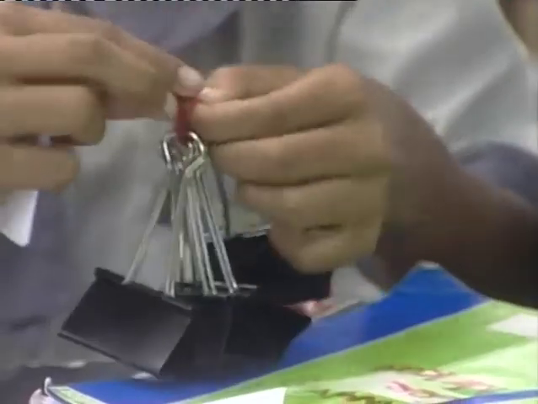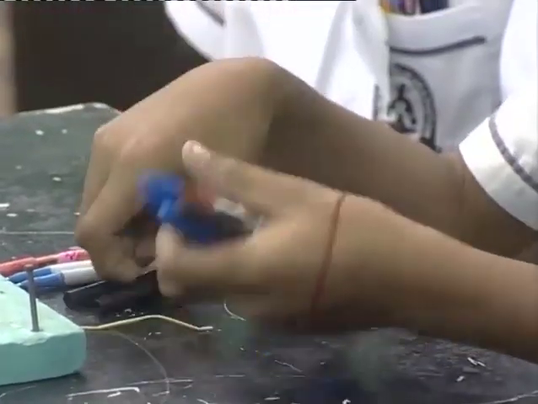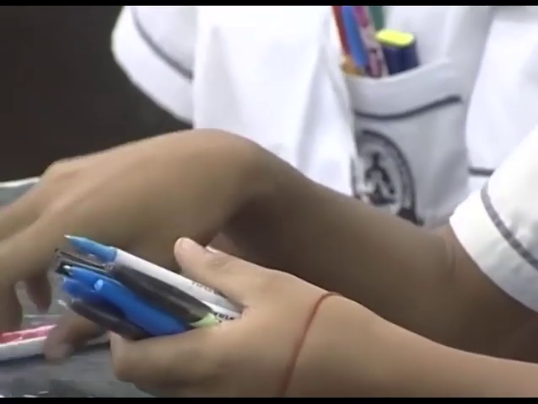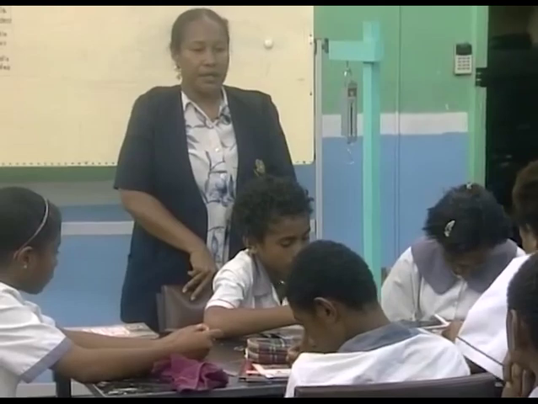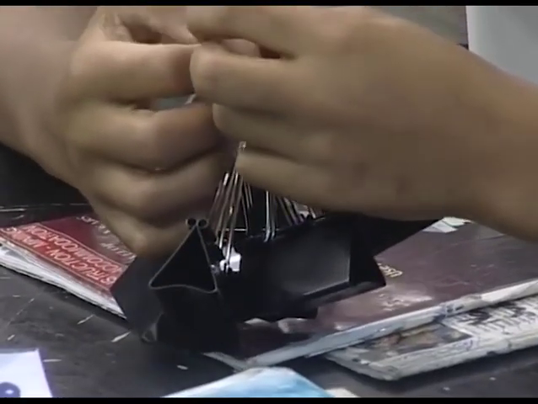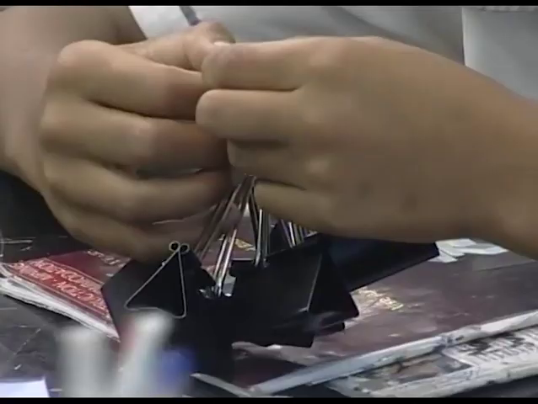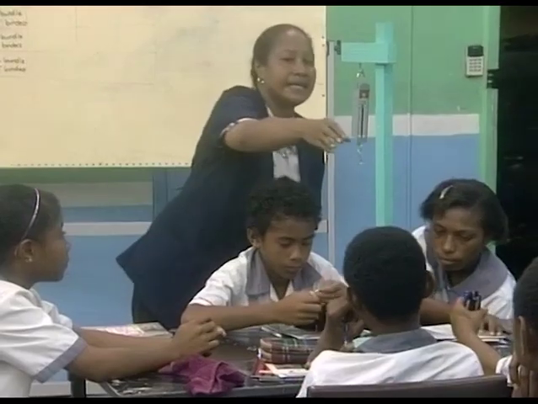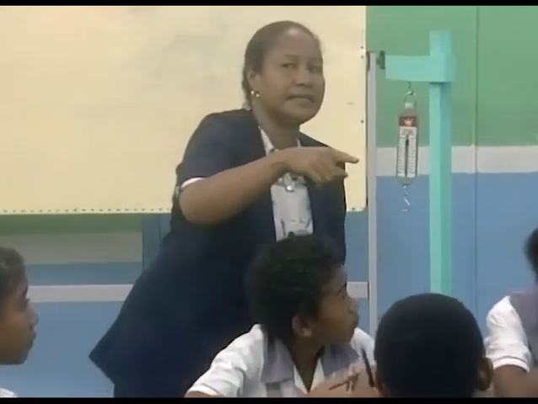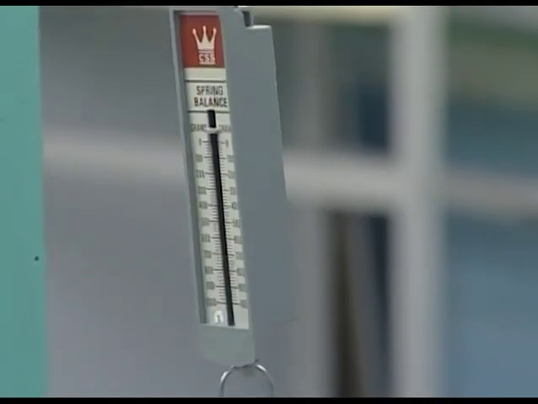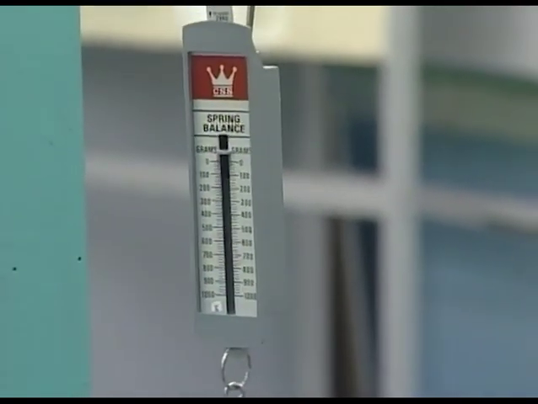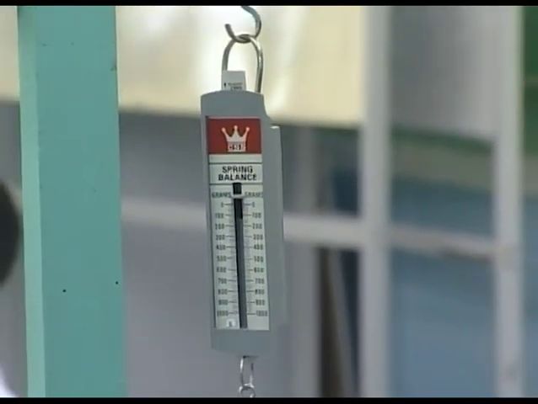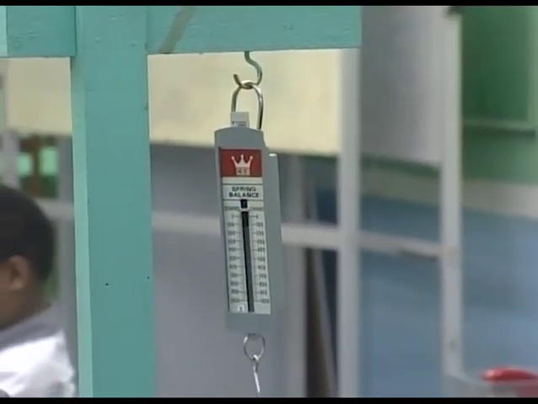Receiving students, you will follow with the model class. Bundle of pencils or biros. In here we'll be using bundle of biros, and you are going to weigh those things using a spring balance, right? So what you can see here, this is a spring balance. This spring balance will be used to take the reading, or you are going to use to weigh those things that are in front of you.